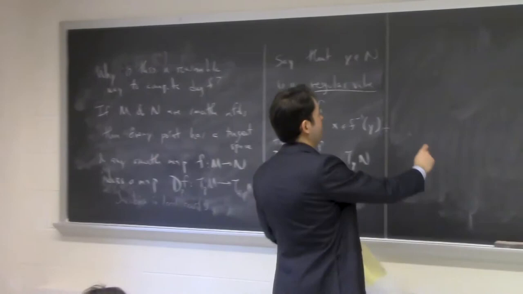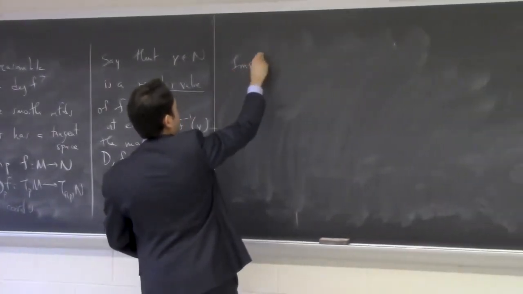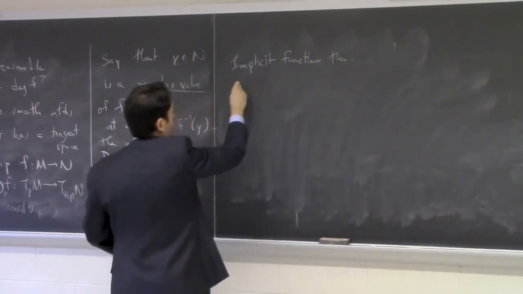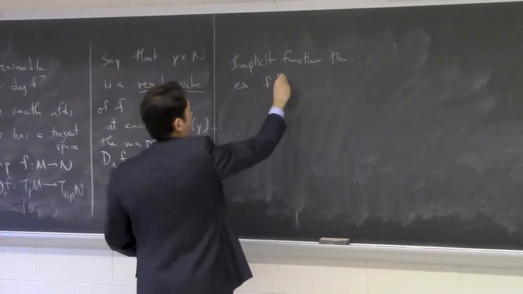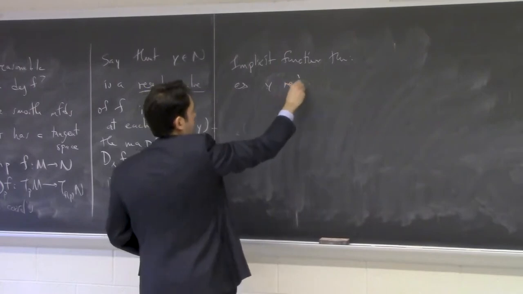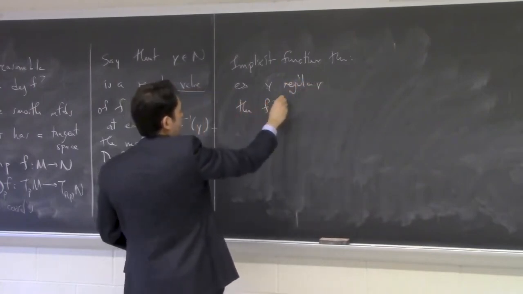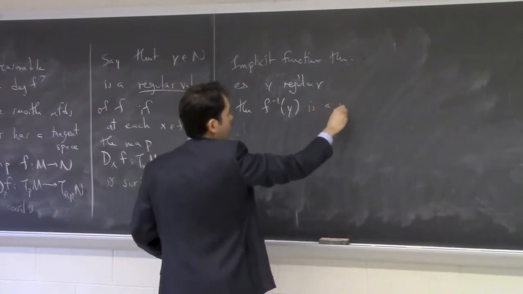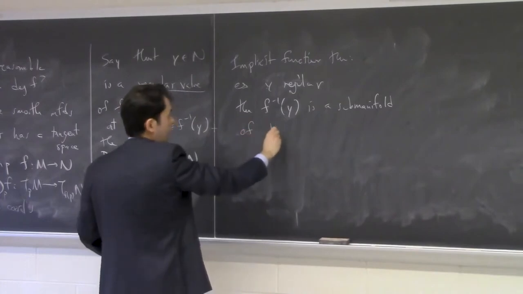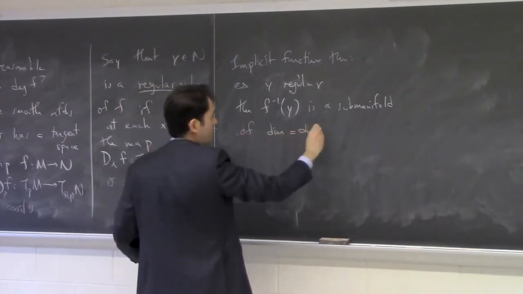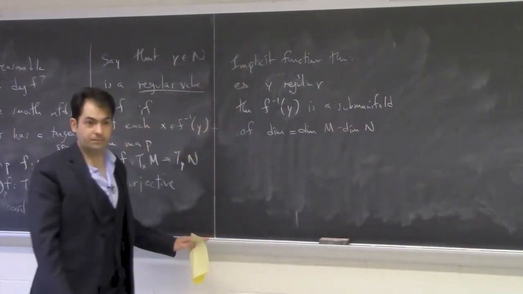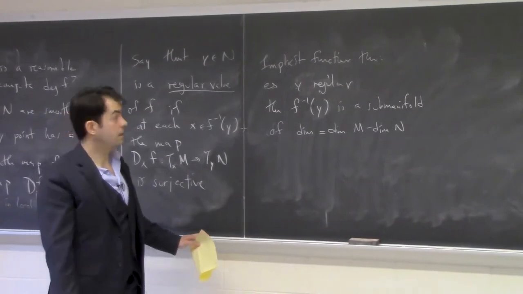One thing that the implicit function theorem tells you, for example, is that if y is regular, then the inverse image of y is a smooth submanifold of dimension equal to the dimension of M minus the dimension of N. They're inverse functions.